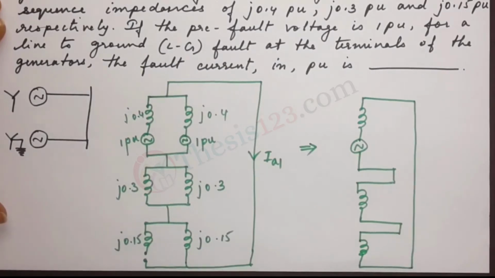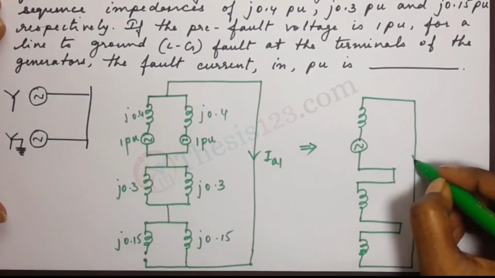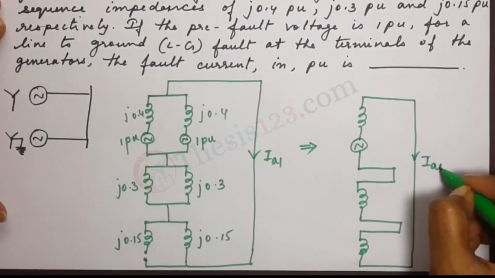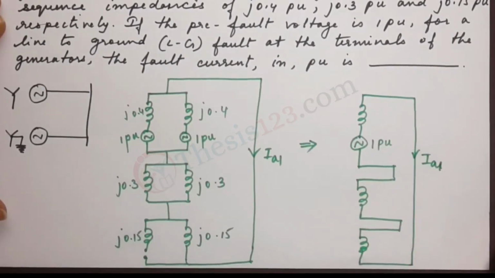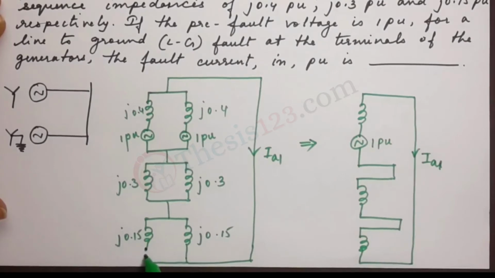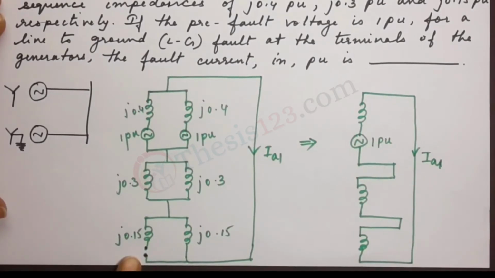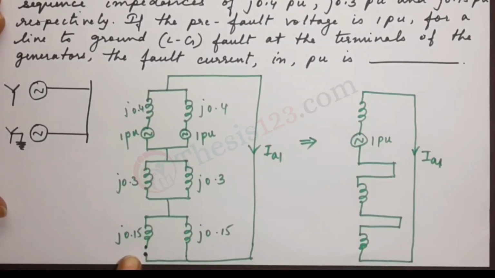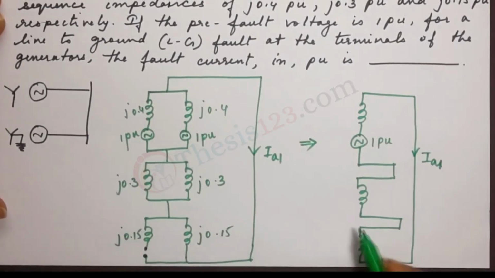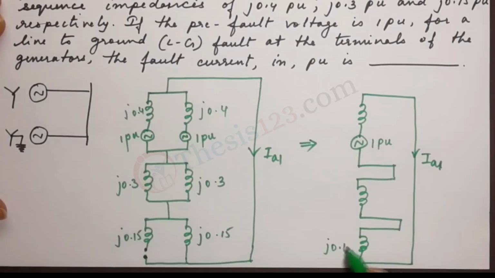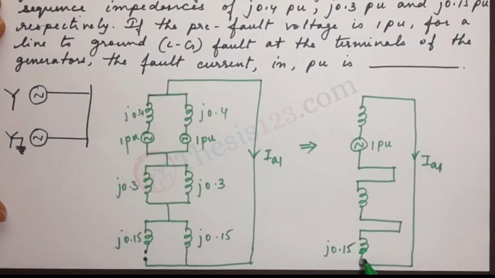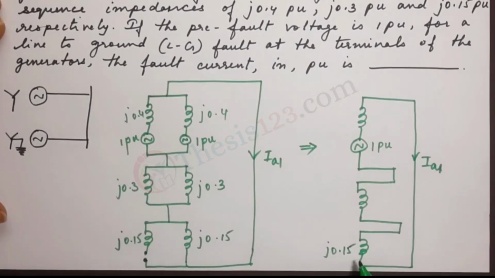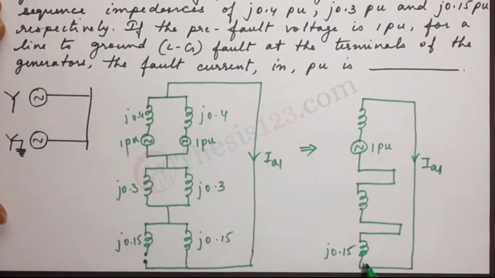Let's calculate the values. Here this is the current IA1, this is 1 pu. Alright, so when a fault occurs at the terminals, this portion here becomes open circuit. Therefore, we have just this impedance, which is the same here for our equivalent circuit after the fault has occurred. The zero sequence impedance will remain as 0.15.